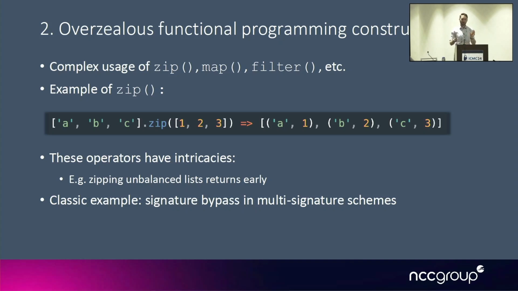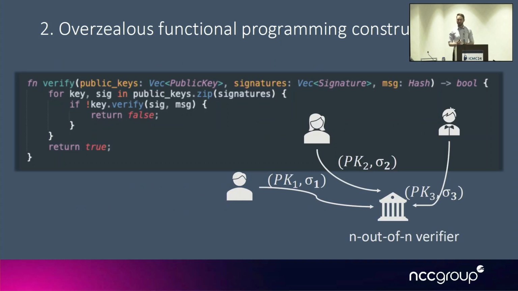We have found numerous issues with multi-signature schemes where someone could bypass the security by using unbalanced lists, and I'm going to show you exactly how this works. For those who might not be aware, a multi-signature scheme is a scheme where we have multiple participants signing a message.